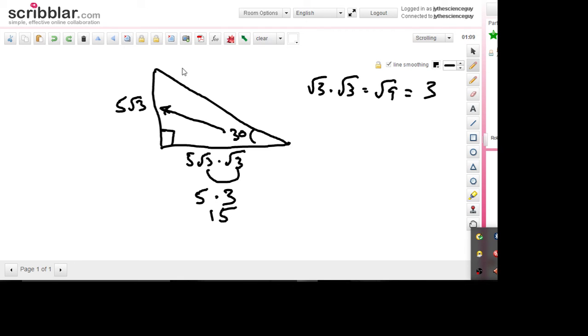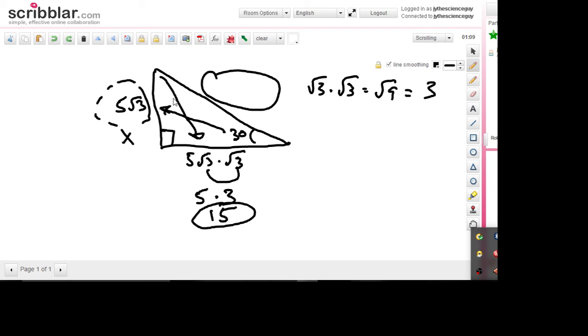So that means that when I'm doing the 60 side, that's just a regular old number. Right? So I had a root there and I get a regular number there. Now I have to deal with this side over here.